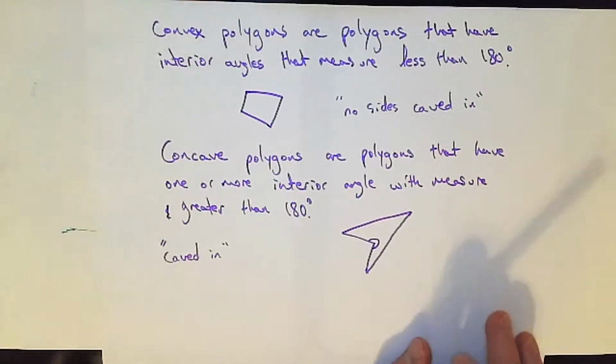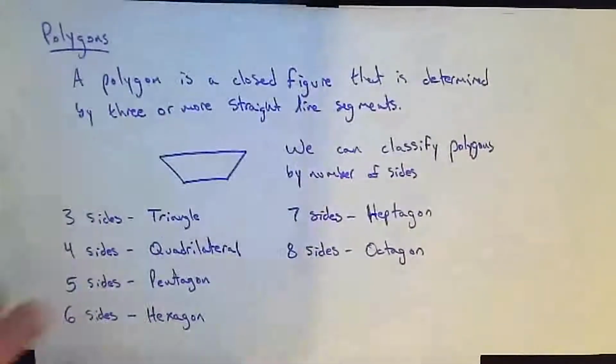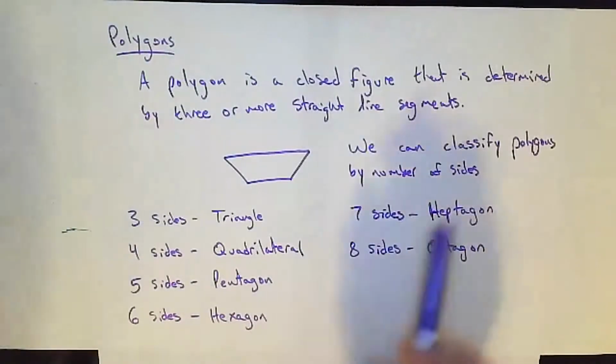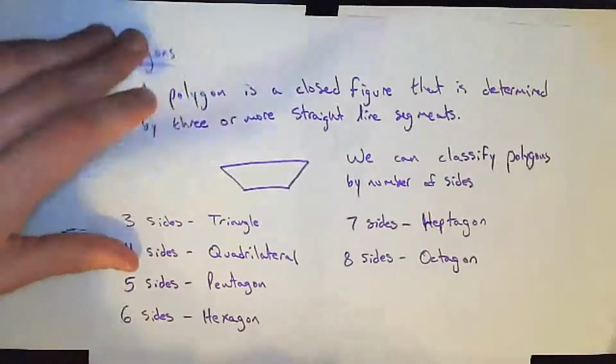Let's talk about angle measures for each of these types of polygons, based off of number of sides. Let's talk about the sum of interior angles in a convex polygon.